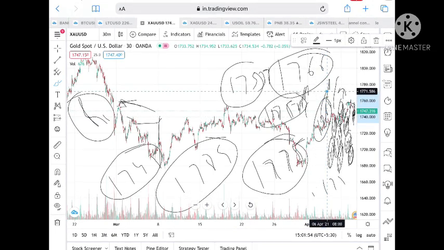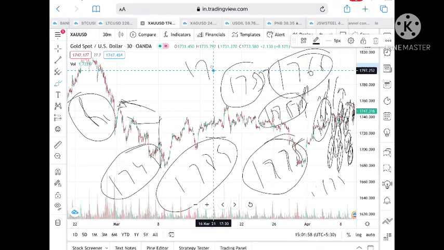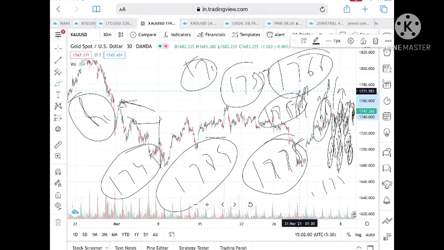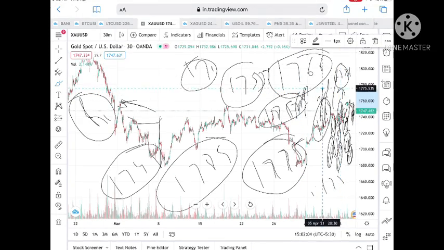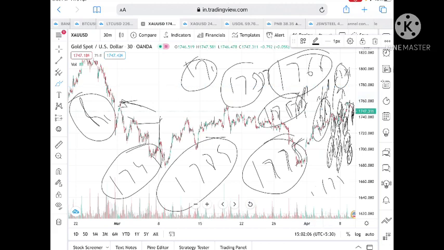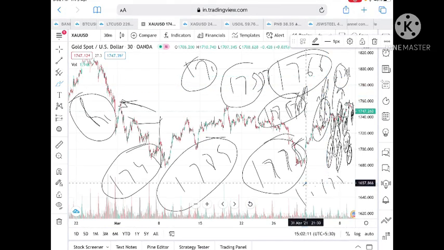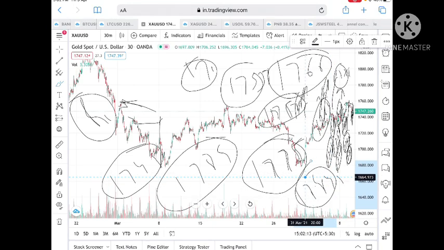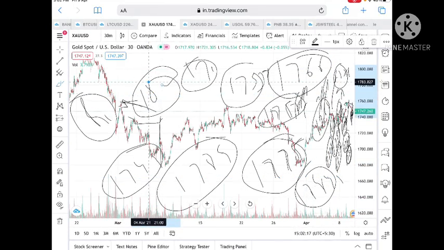Once 1761 is crossed, we will be looking at around 1771. Okay, and then we'll be going for a target of 1778. Once 1778 is touched, we'll be looking for 1790. Once 1790 is touched, we'll be looking for 1800. And you can check my previous video where I have told the upside targets.